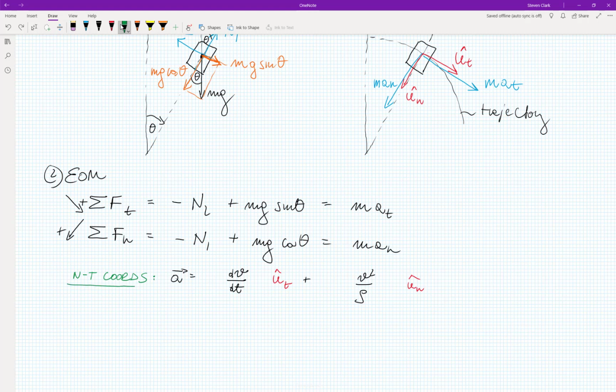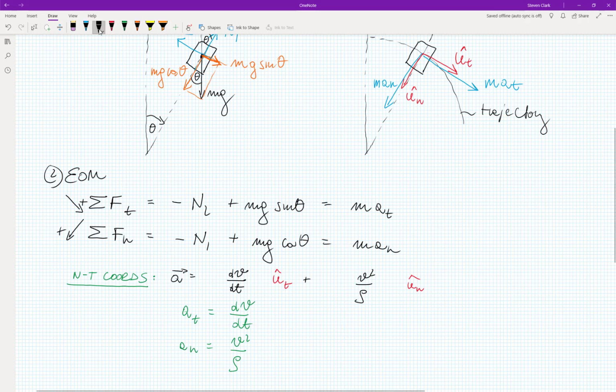So our acceleration components will have such expressions: AT is dv/dt, and AN will be equal to v squared over rho. They must obey these expressions because the trajectory enforces them to look like that. At least this is what you should learn from the previous chapter, kinematics.